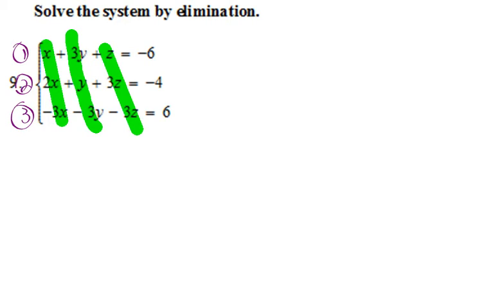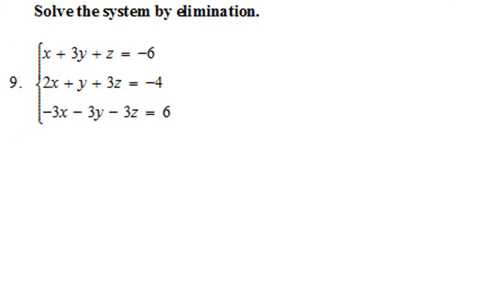I'm first going to use equations 2 and 3, and I'm going to eliminate a z. Okay, so let's eliminate our z's. First, I'm going to write them. Equation 2 is 2x plus y plus 3z equals negative 4.